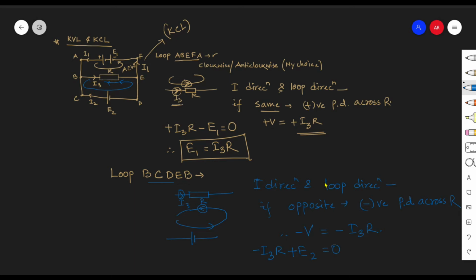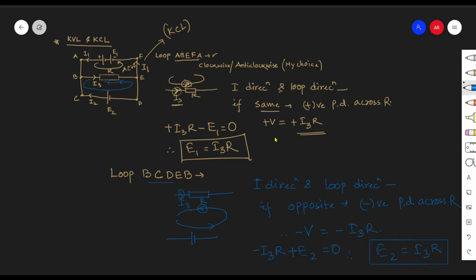So as the loop is going from C to D, it is going through the positive terminal of the battery E2. So it is entering into the positive terminal, that's why plus E2. So the equation is negative I3R plus E2 is 0. And when we rearrange for E2, we get E2 equals I3R.